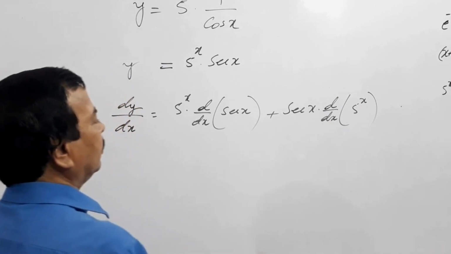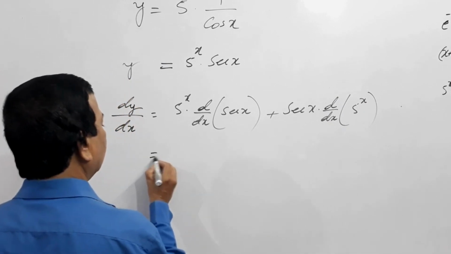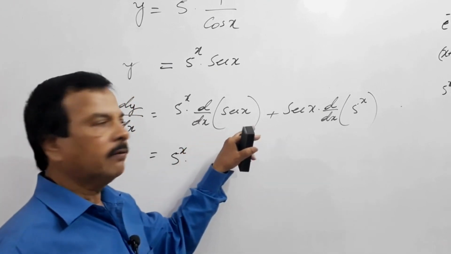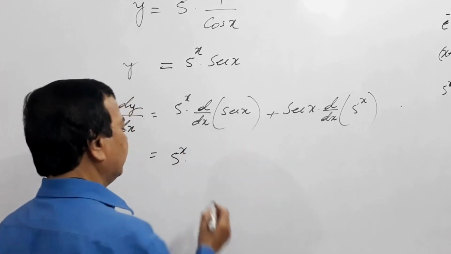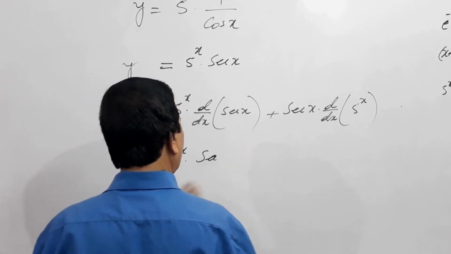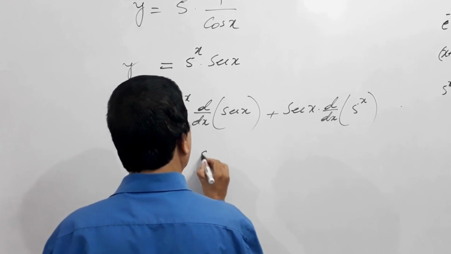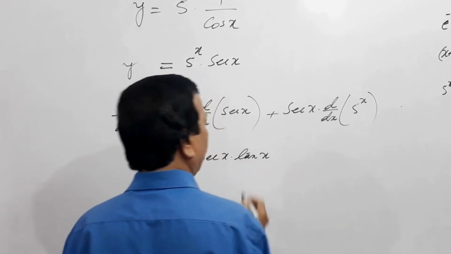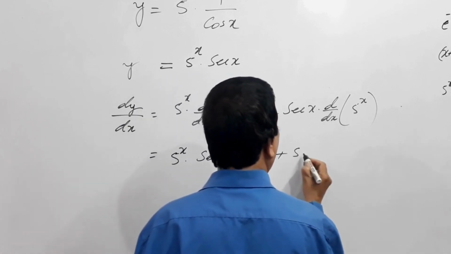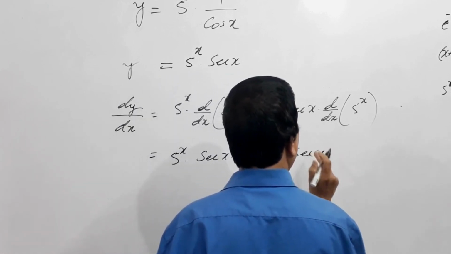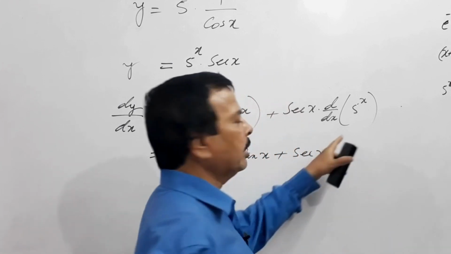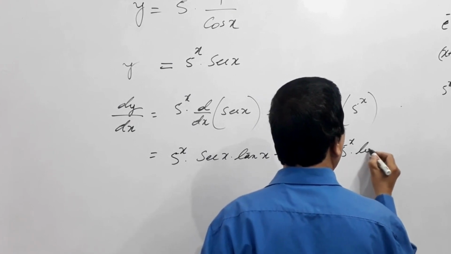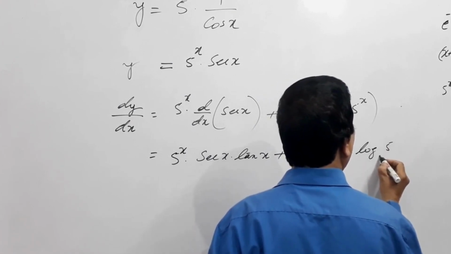We know that it is equal to 5 to the power of x log 5 to base c. What is d by dx of secant x? If we differentiate secant x, we get secant x into tan x. So it is 5 to the power of x secant x tan x plus secant x into 5 to the power of x log 5 to base c.